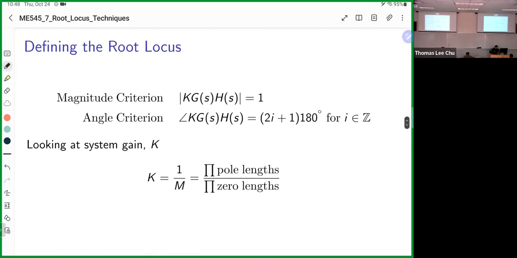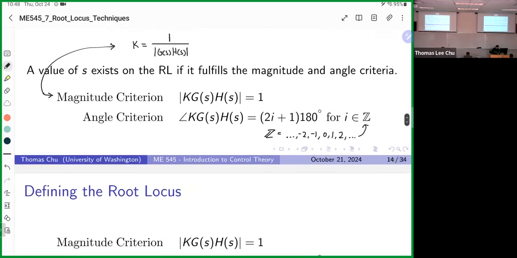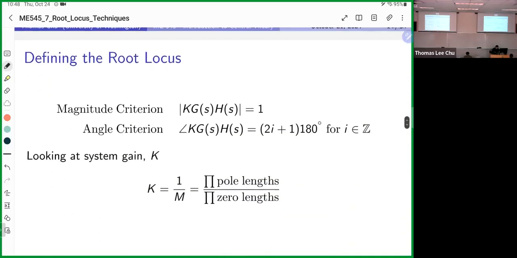Okay, so we can redefine the magnitude criterion like this, where basically the system gain K is equal to 1 over M. So we just find M as the magnitude of GH. So let M equal the magnitude of G(s)H(s), and that's just going to be equal to the product of all the pole lengths divided by the product of all the zero lengths.